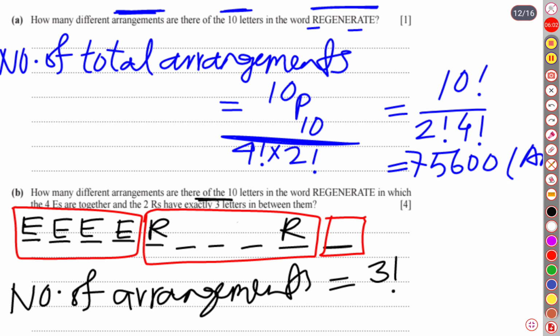After that, the letters between the R's, the three letters together with the other one, these four letters can interchange their position. So into 4 factorial ways.